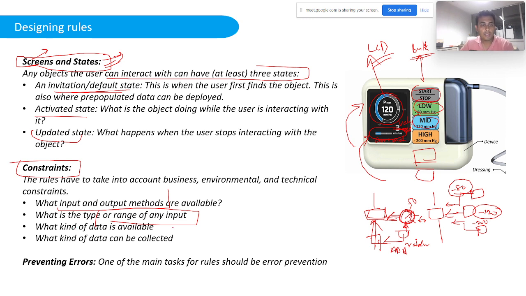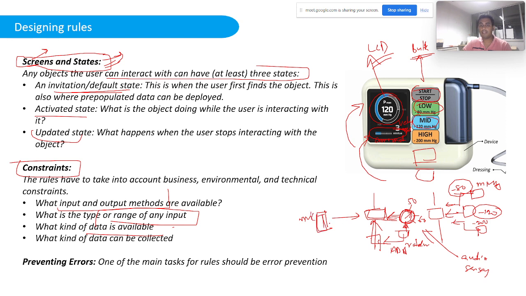Okay, what kind of data is available? Same as here, where you have mmHg. Now instead of pressure sensing, if you provide something else, for example an audio signal, then instead of a button you now have an active sensor like a mic.